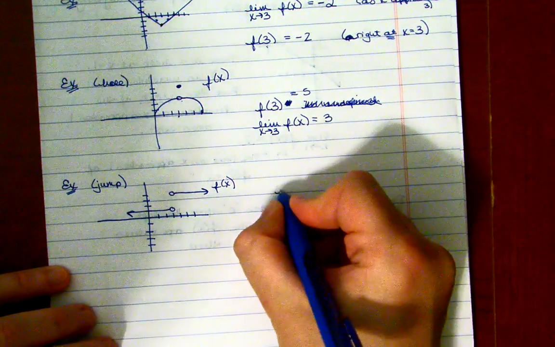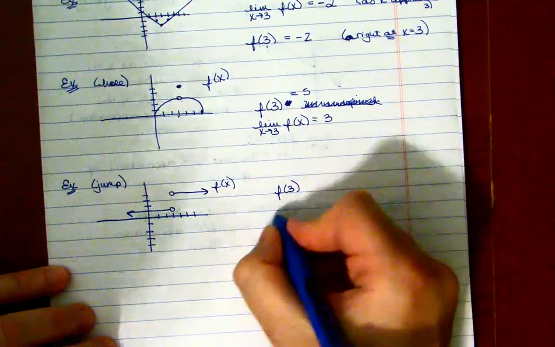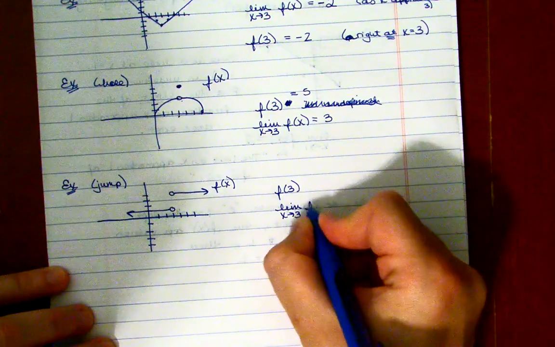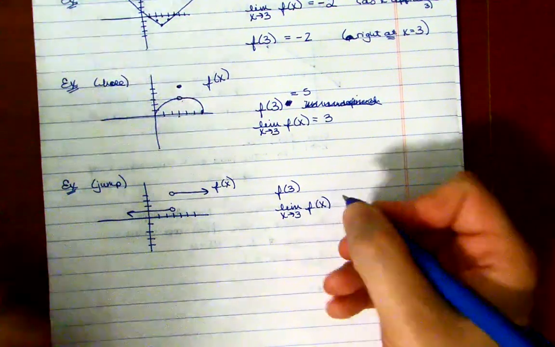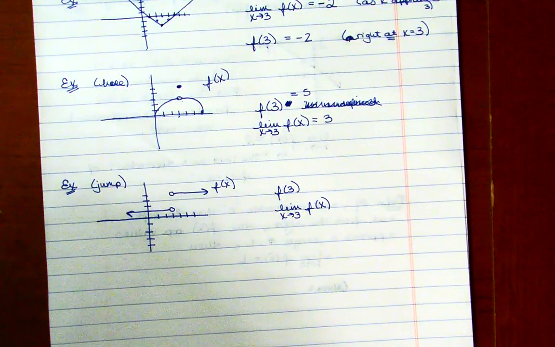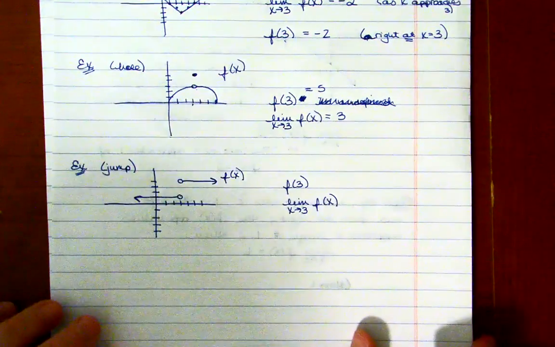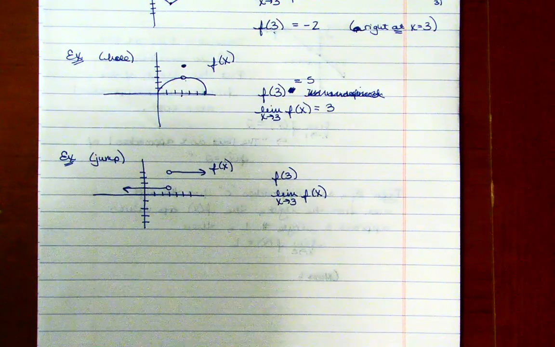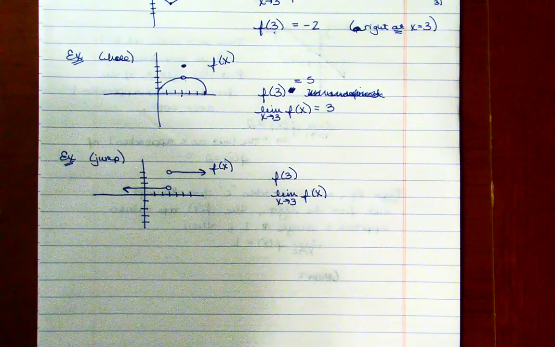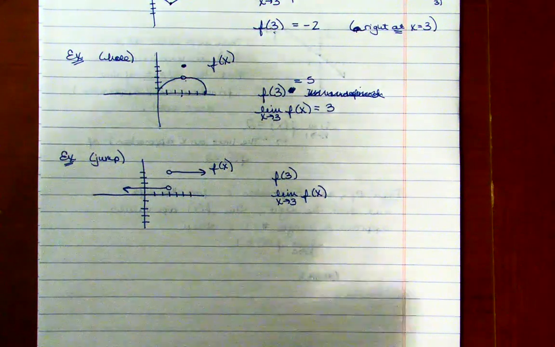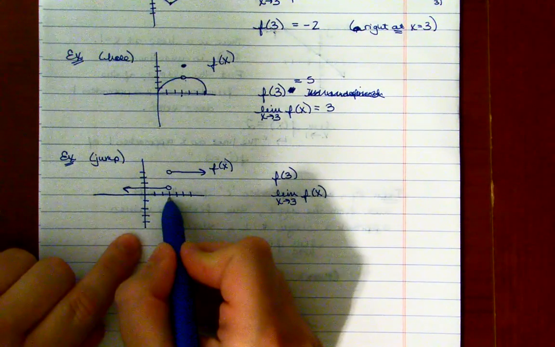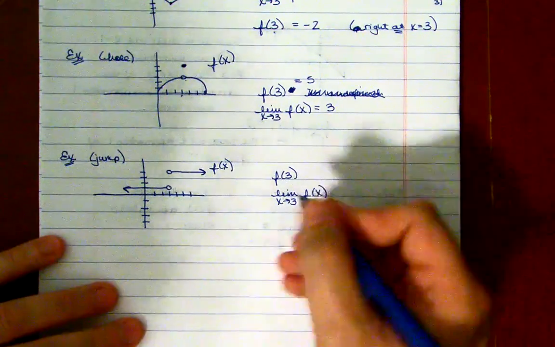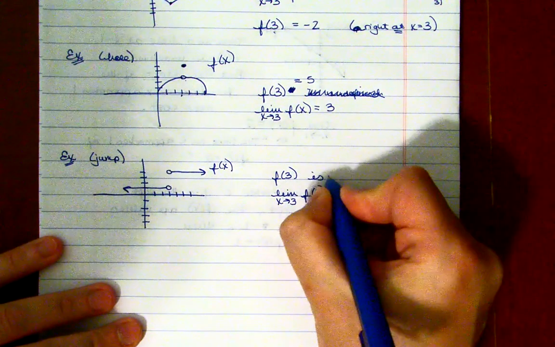I want to try to find f of 3, and I want to try to find the limit as x approaches 3 of f of x. F of 3. Right at x equals 3, what value do we have in the graph? Well, right at x equals 3, open circle, yeah, there's no value on the graph. I've got to say f of 3 is undefined.